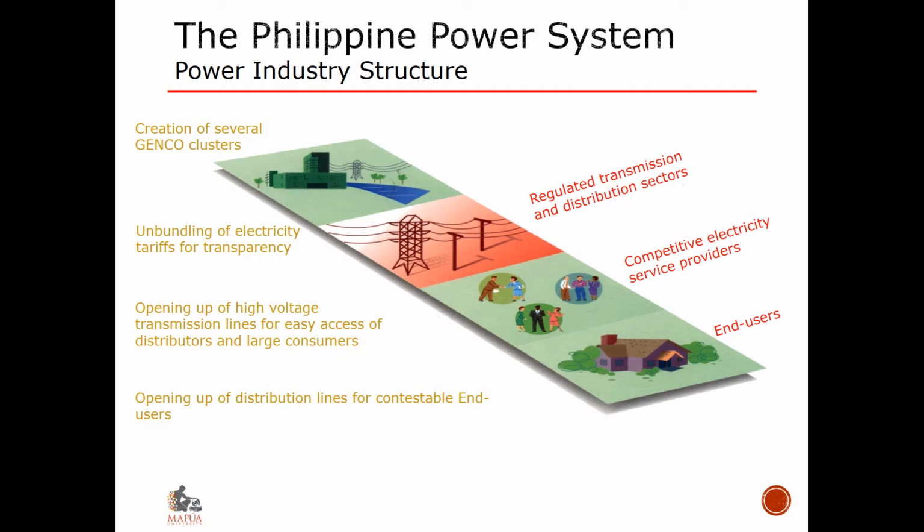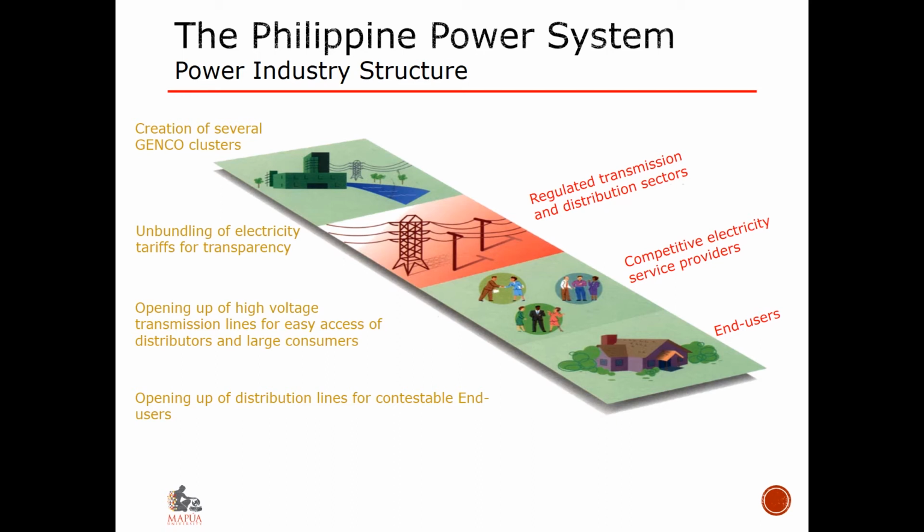The high voltage transmission line is now opened up. We call it open access, so that distributors and large consumers have fair access to those lines, particularly at the end, where the distribution lines were eventually opened up for contestable end users.